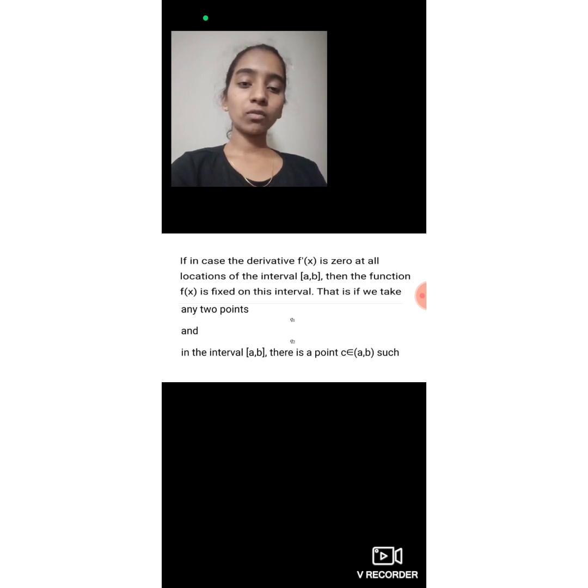If the derivative f'(x) is 0 at all locations of the interval [a, b], then the function f(x) is constant on the interval. That is, if we take any 2 points x1 and x2 in the interval [a, b], then the point c belongs to (a, b).